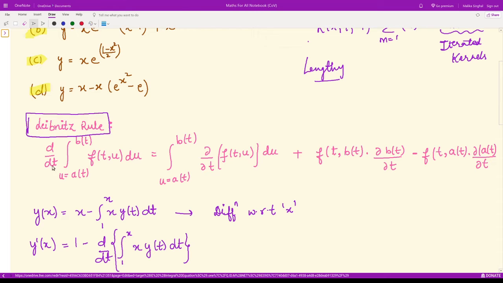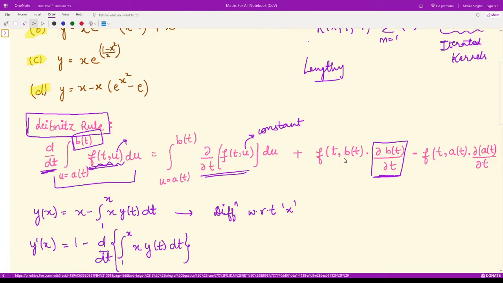What is that? If you want to calculate the derivative of some integral function, what you need to do is take the partial derivative of this function f with respect to x, keeping t constant. Then take the derivative of the upper limit and multiply it with f, where you substitute t with the upper limit.